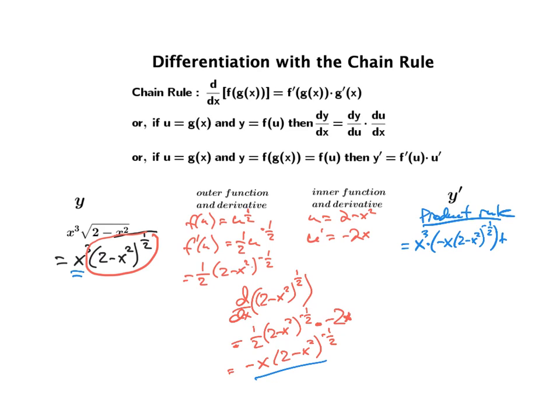Then we're going to add that to the second factor, over here, the second factor, times the derivative of the first factor. The derivative of x to the third is 3x squared. So that's going to be negative x to the fourth. We don't have to simplify this, but we'll leave it as is here. And there you have it.